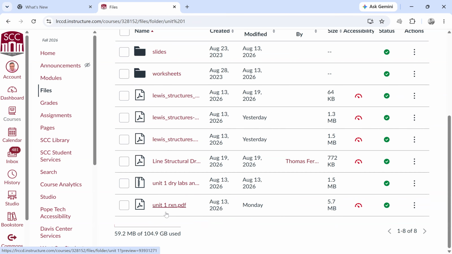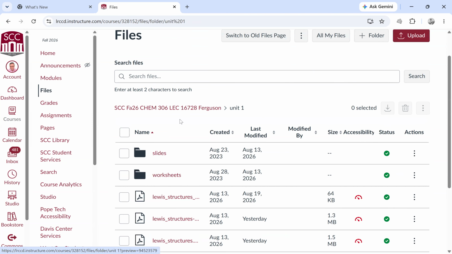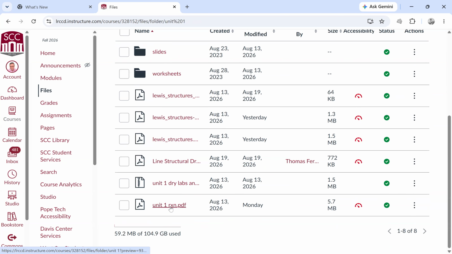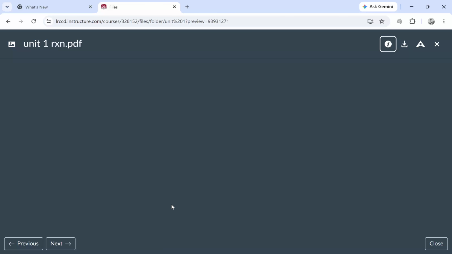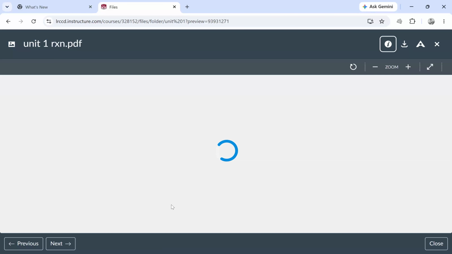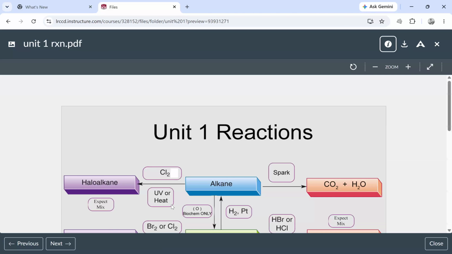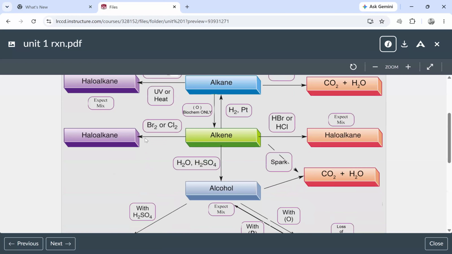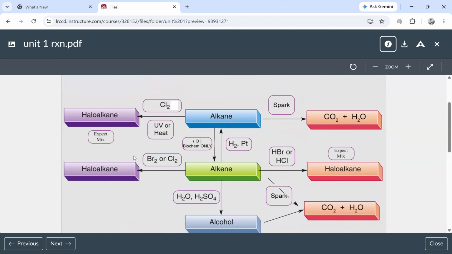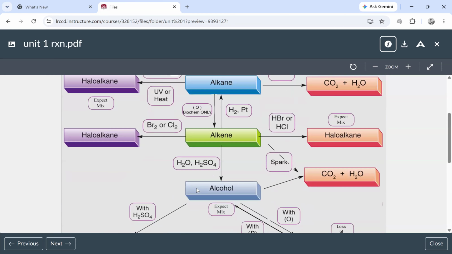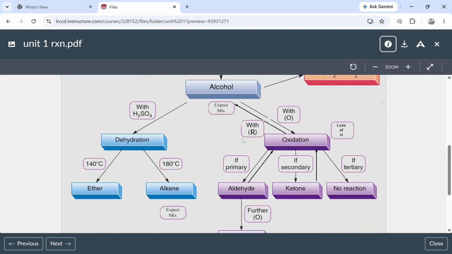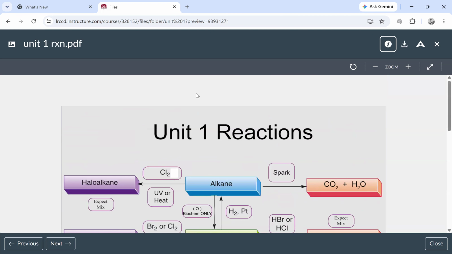If you go to Unit 1 files, it'll be at the bottom. I notice I put expect mix. Expect mix when you add water because it's hetero. Expect a mix. This is hetero here. Anyway, that's where to find the flow chart for Unit 1.